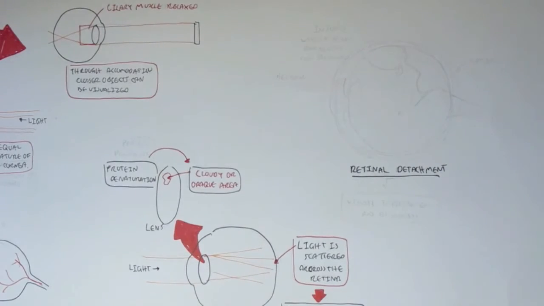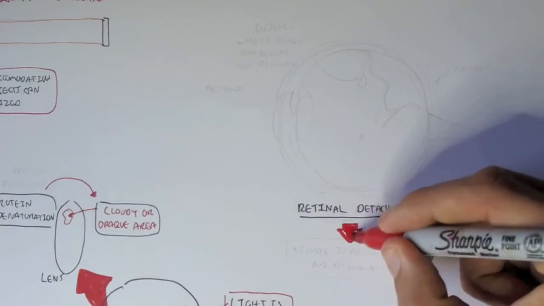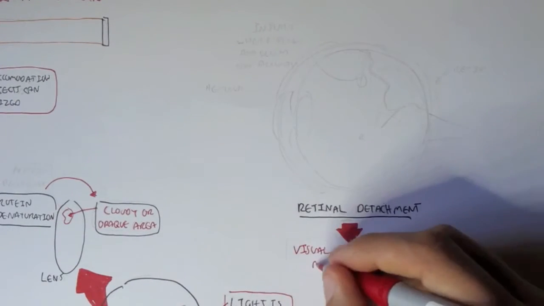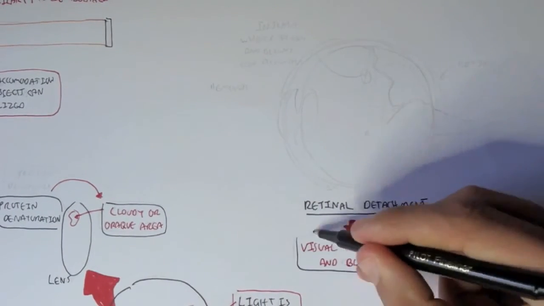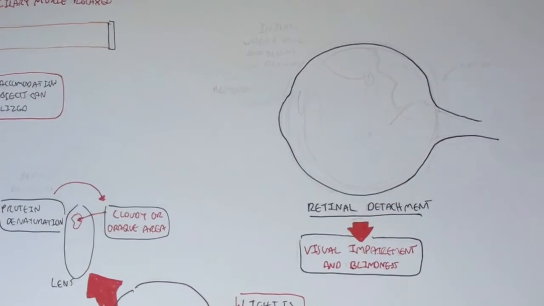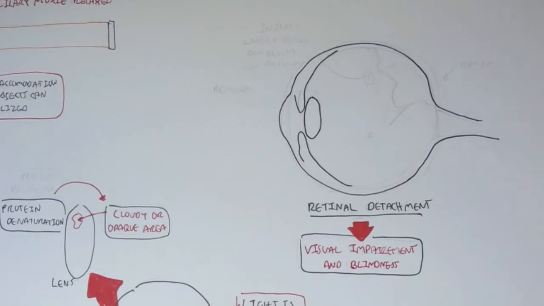Retinal detachment is another condition that causes damage to the retina, and it can cause visual impairment and blindness as well. So what is retinal detachment? Here we have the eye again, the lens, the ciliary muscles.